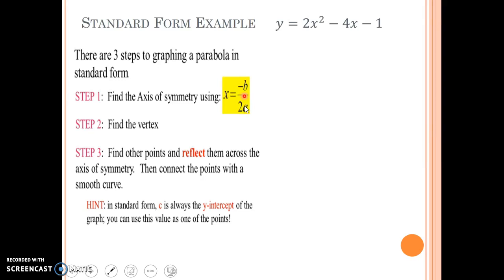Once we've found the x-coordinate, we plug it into the equation to get the y-coordinate. Step 3, find other points and reflect them across the axis of symmetry, then connect the points with a smooth curve. In standard form, c is always the y-intercept, so you can use it as one of your points, get the reflected point, and that will give you your 3 points.